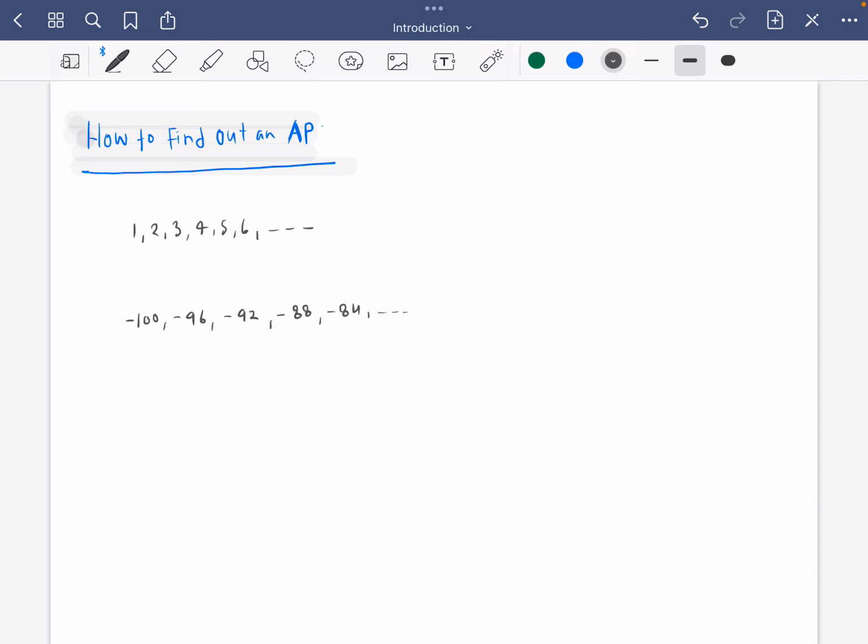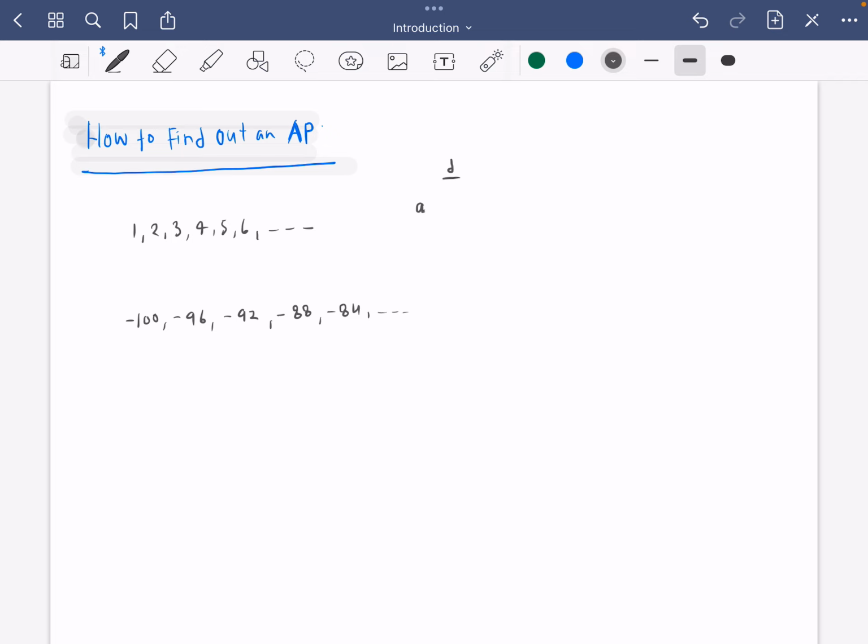Now you know that the difference between any two consecutive terms, or any two terms in a row, is always going to be the same, and let's say that difference is D. Let's denote terms by A, for arithmetic progression. So we'll use A to denote terms, and a term is any number in the series.